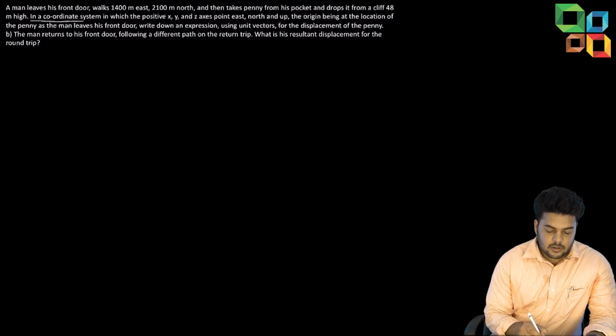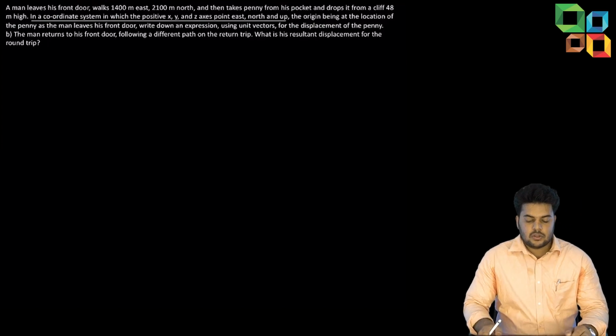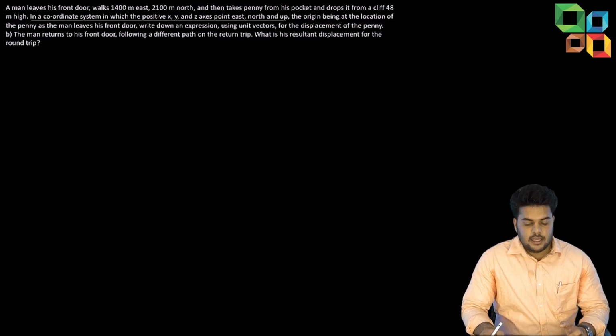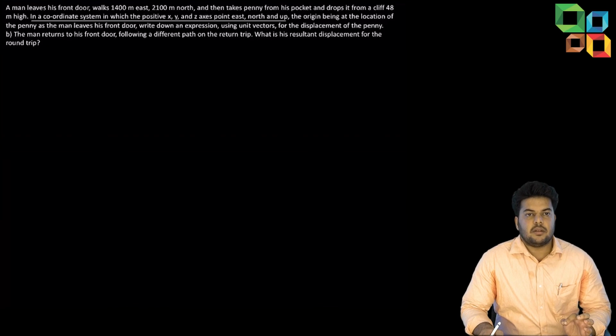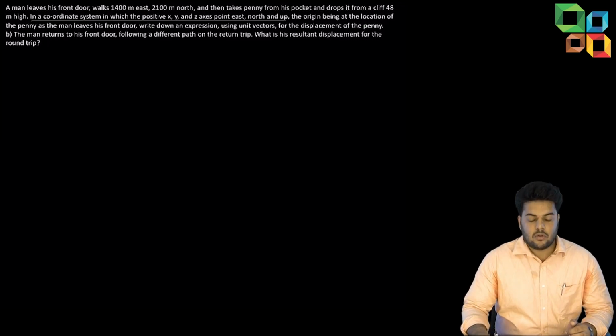In a coordinate system in which the positive x, y, and z axis point east, north, and up. So east in the coordinate system means the positive x-axis, north means positive y-axis, and up means what? Up means z-axis, yes.